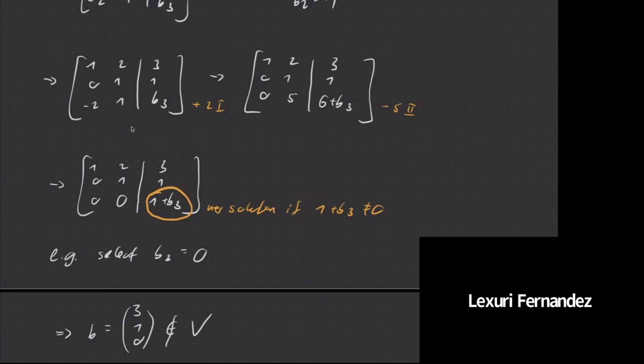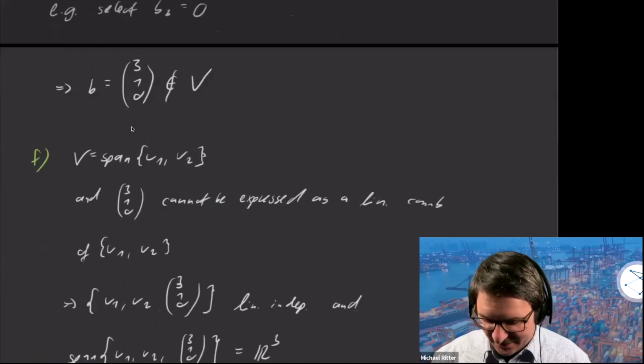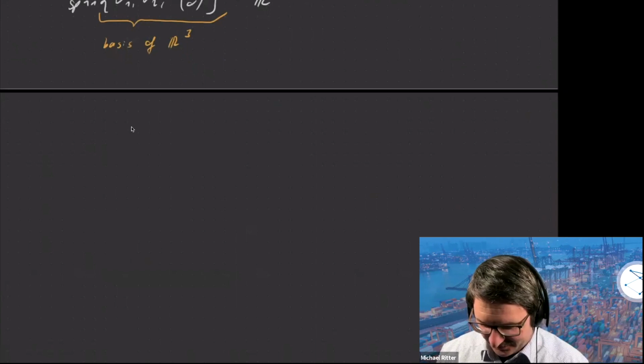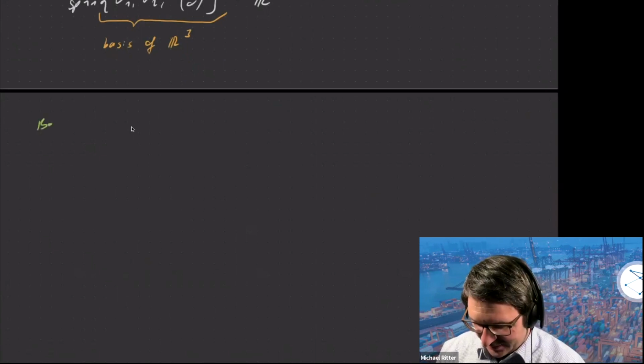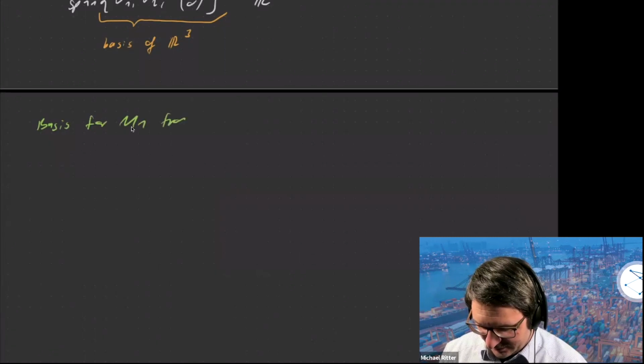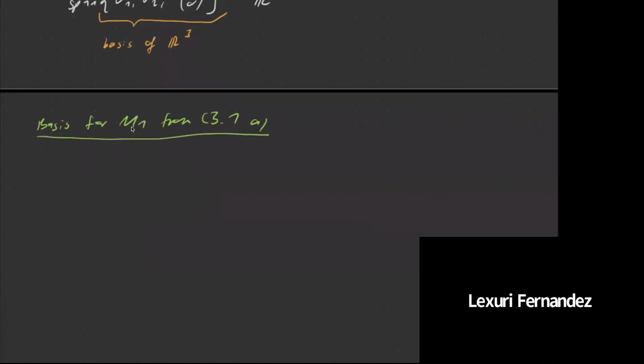Maybe computing now the basis of 3.1a? Yeah, I'll do that now. That's a good point. So we want a basis for U1 from exercise 3.1a.